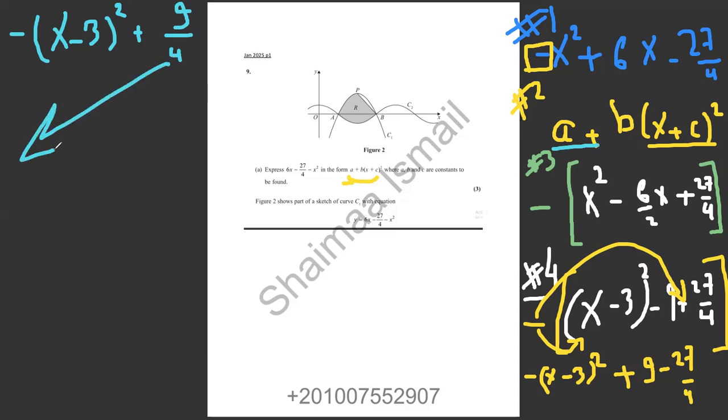So we say 9 over 4 and minus, and that will be the b, so that is the a and this would be the B, and that is the C, in the form that he wanted here. So we have to write it in the same form that he wanted. So here minus x minus 3 squared, and we did it. Let's see the next one; that is 3 marks from the 13 marks.